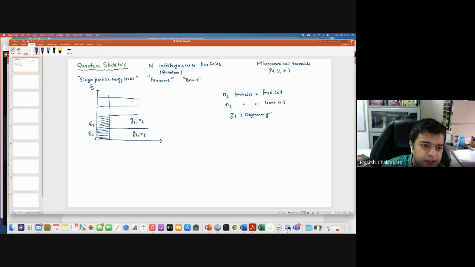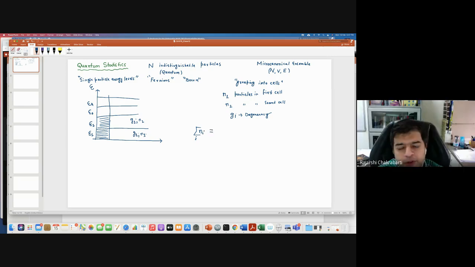Similarly, I'll have epsilon 3, epsilon 4. I am not writing them, okay? You understand, no? So we are grouping into cells. Now, if I take the sum over i of Ni, what will be the answer?